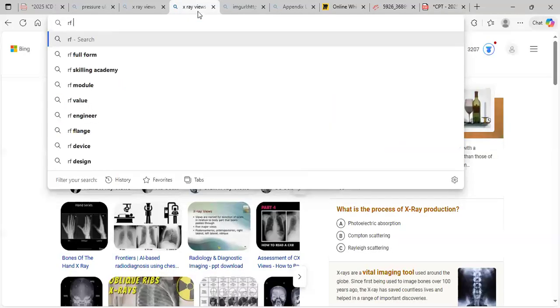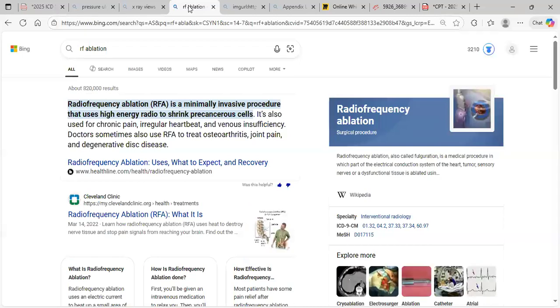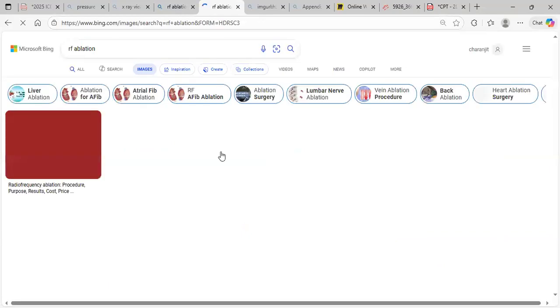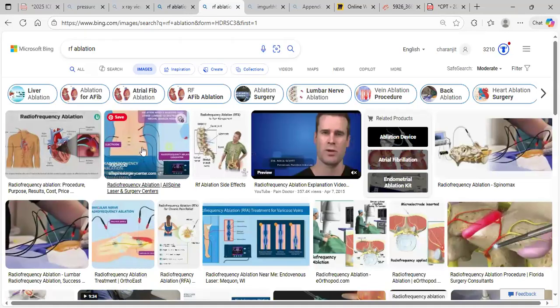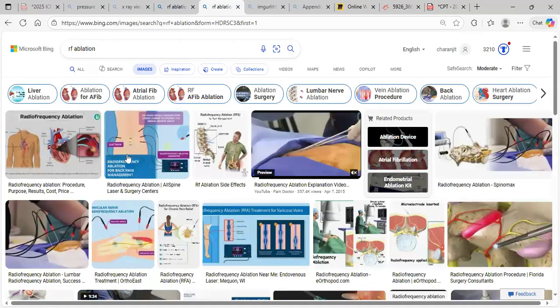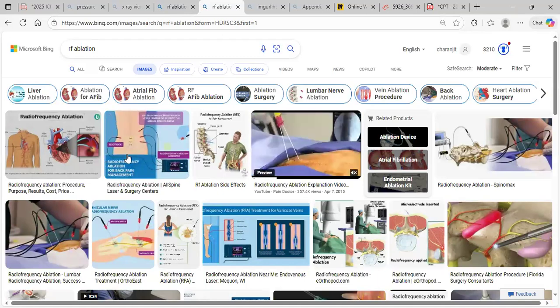Whenever doctor is doing the radio frequency ablation, doctor needs to use a particular probe, and with the help of that probe, doctor inserts the radio frequency energy in the patient's body. These are the probes, to shrink the lesion or to destroy that particular lesion. That is a radiofrequency ablation.